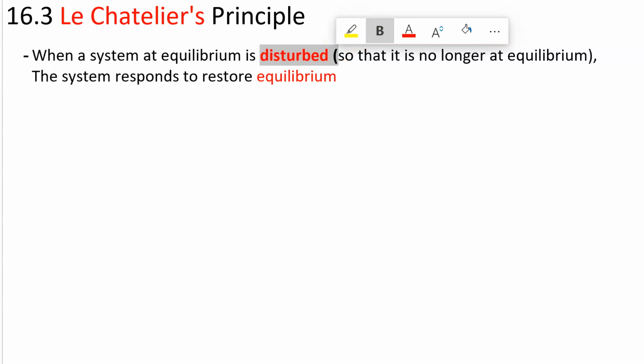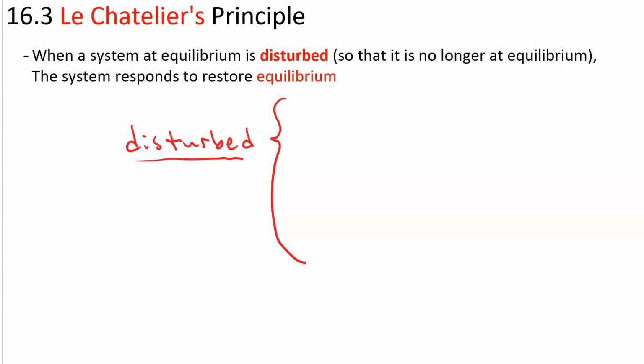What does it mean for a system to be disturbed? So what does it mean to disturb an equilibrium? Well, you could increase the concentration of something by adding it to the reaction vessel. On the other hand, you could remove something from the reaction vessel.